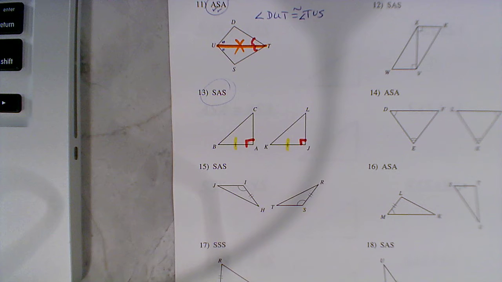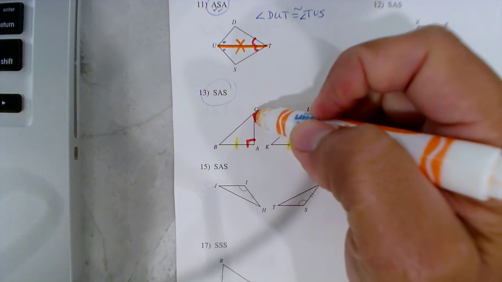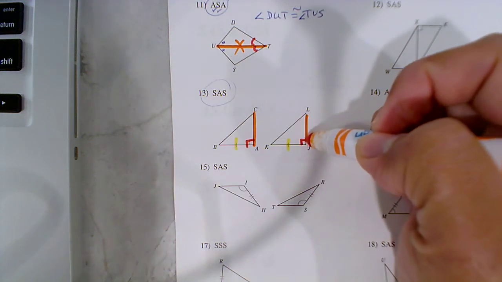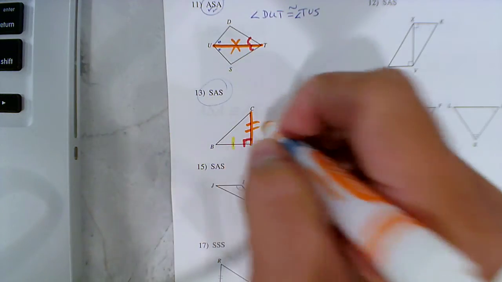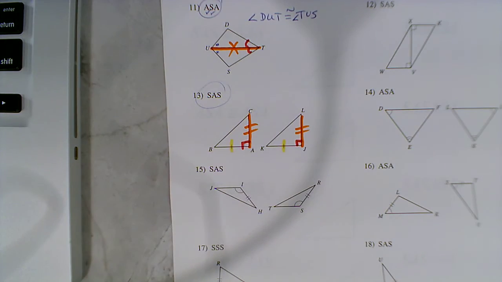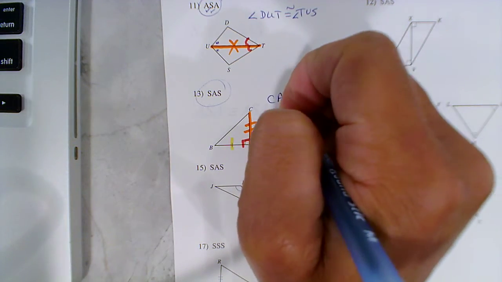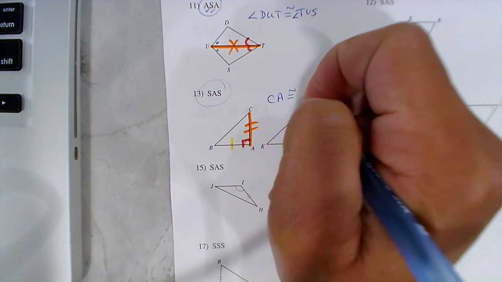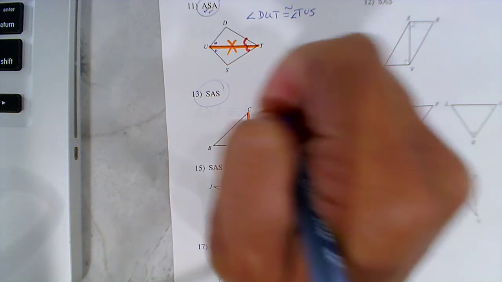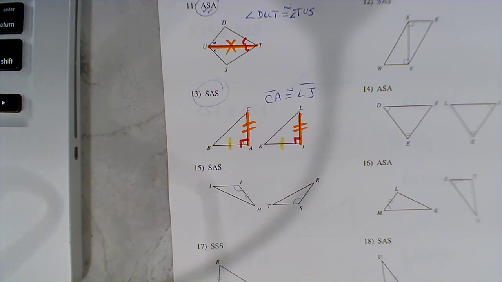So I'm obviously missing a pair of sides. So what sides would I need? Oh, well, that's these sides. I need these sides to be congruent. I'm trying to stick with my summer colors here. All right? So you would need to get CA or AC, same thing, congruent to LJ. And that would give you side angle side.